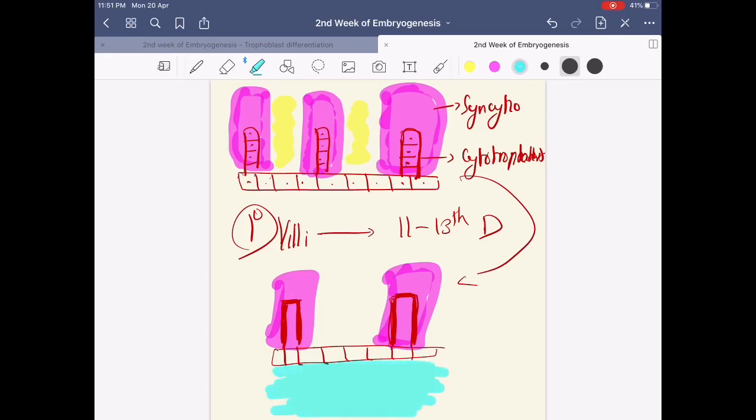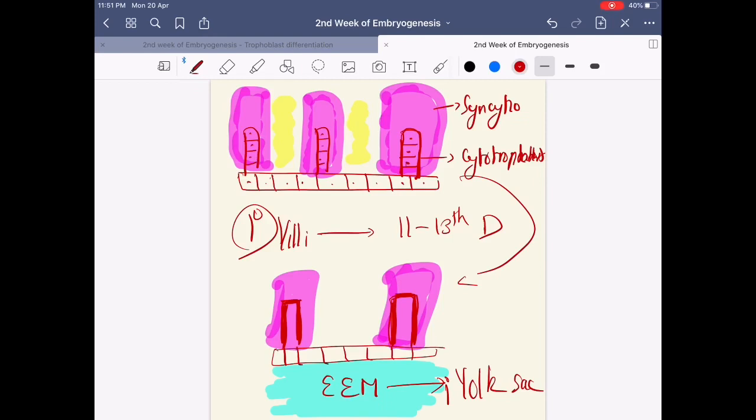What is this? This is the EEM, or the extra embryonic mesoderm, right? Where has the extra embryonic mesoderm formed from? It has formed from your primary yolk sac. From the hypoblastic cells you have this primary yolk sac, and from this primary yolk sac the extra embryonic mesoderm is formed.